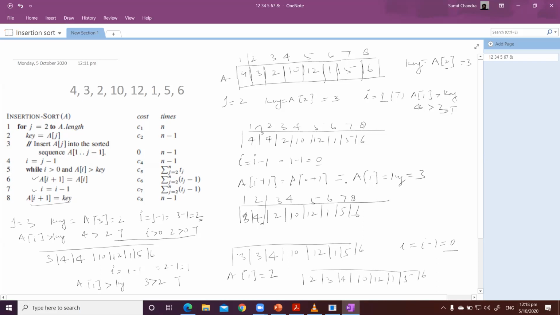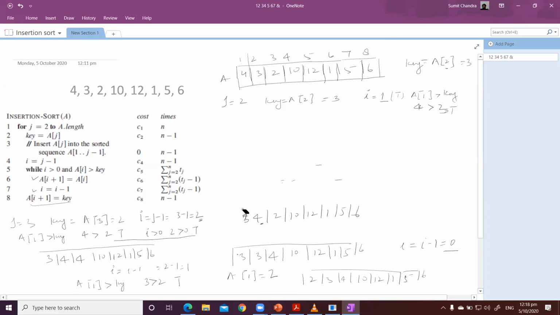So in general, what we have to do, suppose we are working on this array, this is our A array, and now j = 4. You have to check whether A3 is greater than A4 or not.